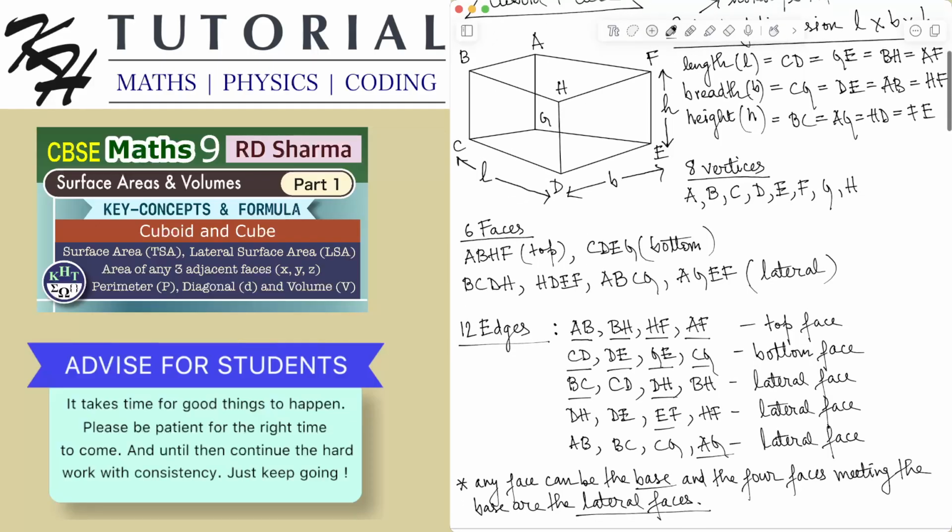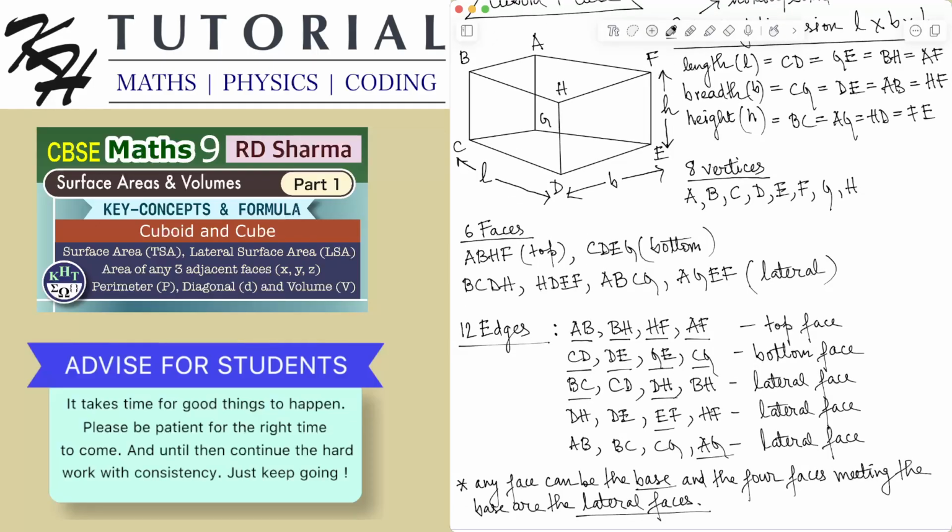Now, there are 6 faces in a cuboid. Any face can be the base. You can consider any face as the base, and all other 4 faces meeting the base will be the corresponding lateral faces. So if you consider, let's say, the face ABCG, what are the faces meeting this face?